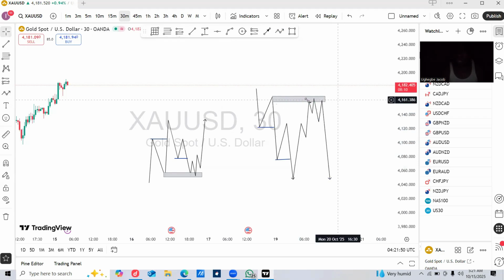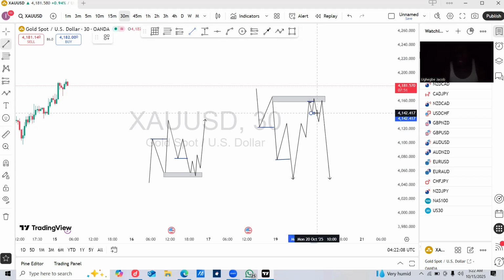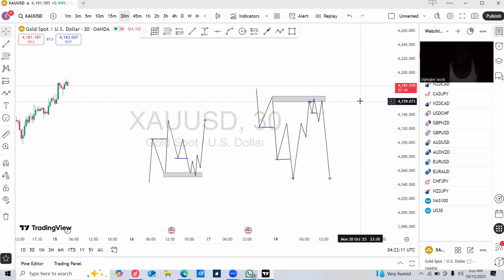But remember, you have already seen the scenario, or seen the reaction of the market from this area here, because the market has broken this low here, which changes the market structure.